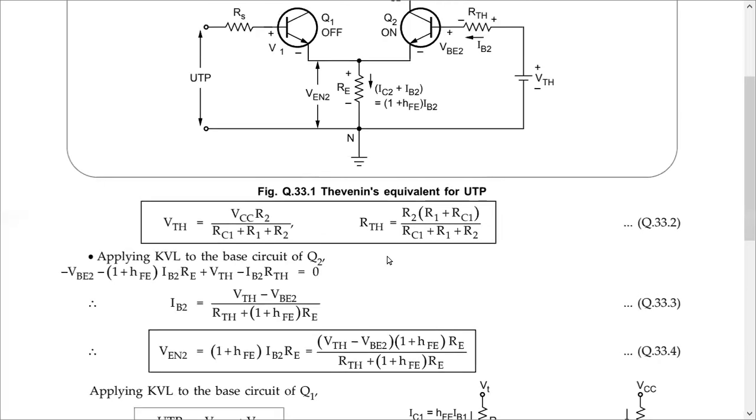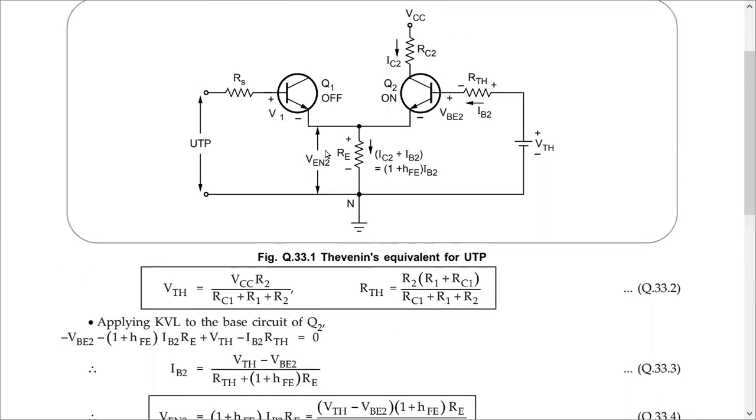Now here, we are calling this VEN2 because it is at the emitter, and we are considering the case when Q2, the second transistor, is on. That is why we are calling this voltage VEN2, 2 because Q2 is on.